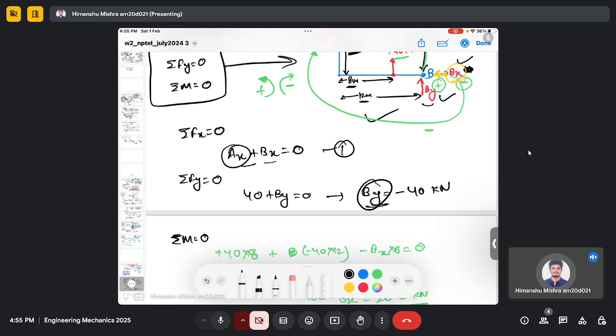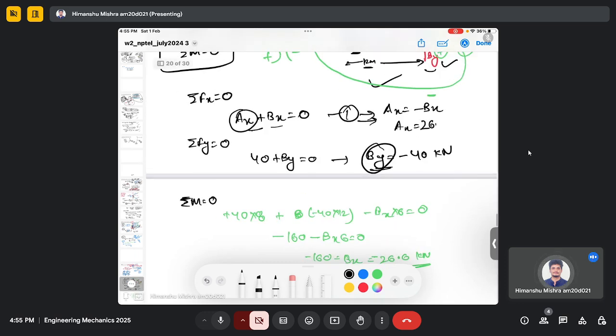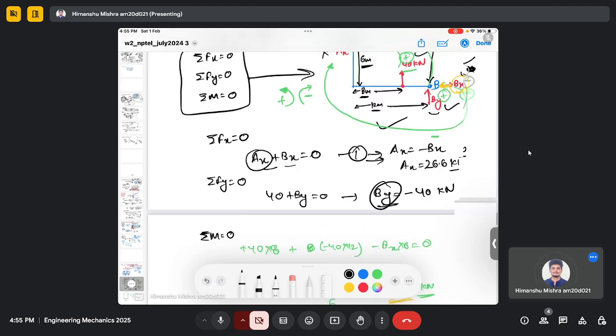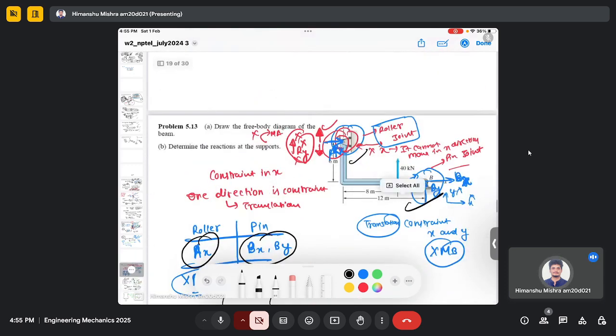And from equation 1, we know that Ax equals minus Bx. So if Bx is minus 26.6, then my Ax is 26.6, a positive value. So here you can see that we actually calculated all the unknown reaction forces by equilibrium equations.